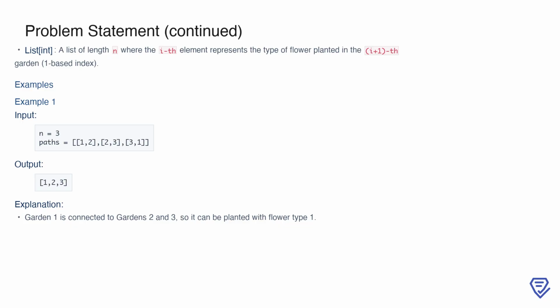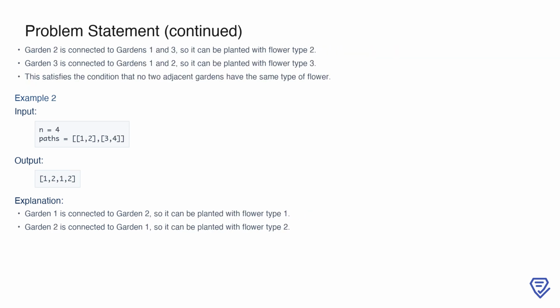Suppose we have 3 gardens, with n equal to 3, and the paths are given as 1, 2, 2, 3, 3, 1. A valid output in this case is 1, 2, 3. Here's the reasoning: garden 1 is connected to gardens 2 and 3, so it can be planted with flower type 1 without violating the constraints. Next, garden 2 is connected to gardens 1 and 3.